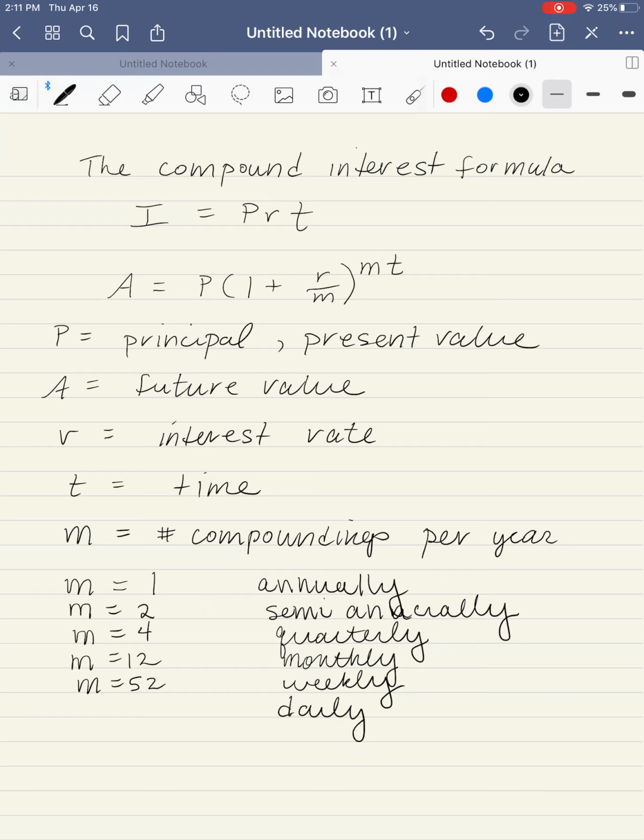Weekly, there are 52 weeks in a year. And then daily, there are 365 days in a year. Sometimes it is stated to use 360 for daily. And of course, if it does state that, use 360 rather than 365. So these numbers for M are not going to change. If it's quarterly, M is always 4. If it's weekly, M is always 52. Because the time, the T, is a separate variable.